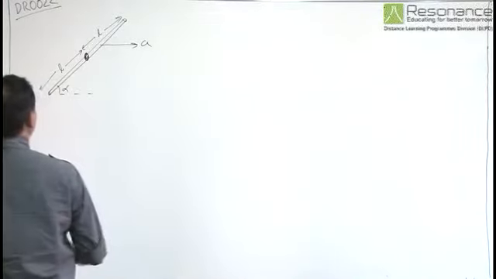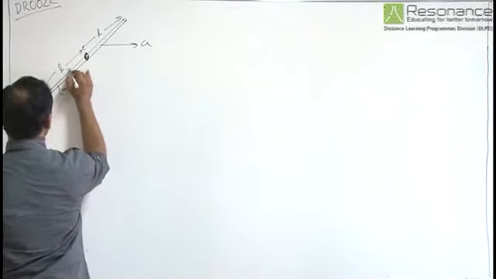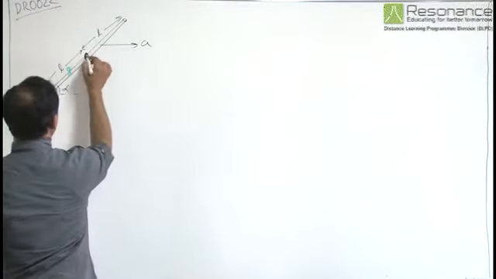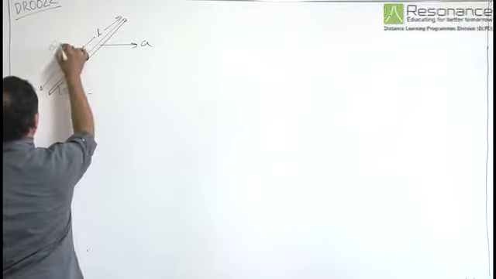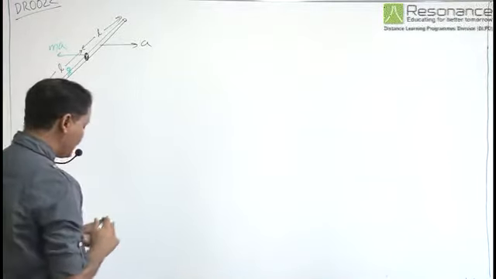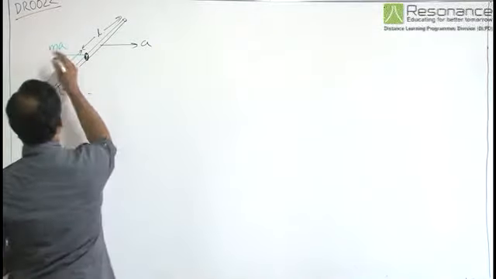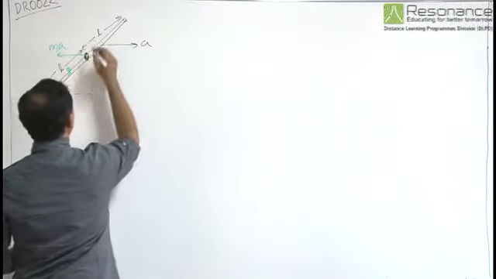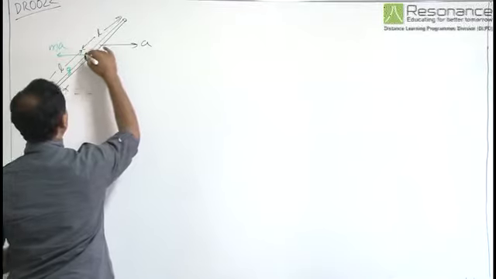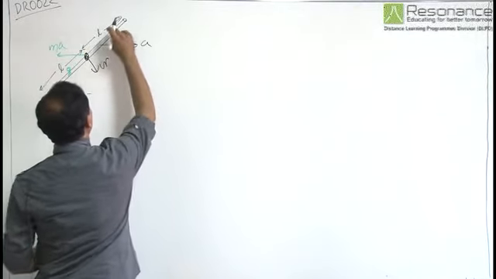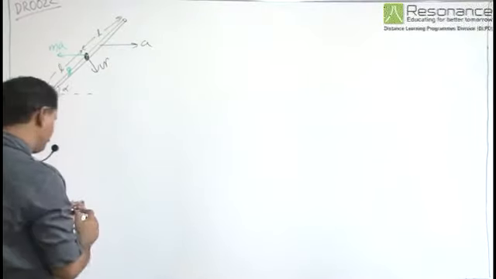In the rod frame of reference, that is, an observer on the rod, the bead will experience a pseudo force ma in the direction opposite to the acceleration of the rod, and because of this pseudo force, the bead experiences a normal reaction by the rod.